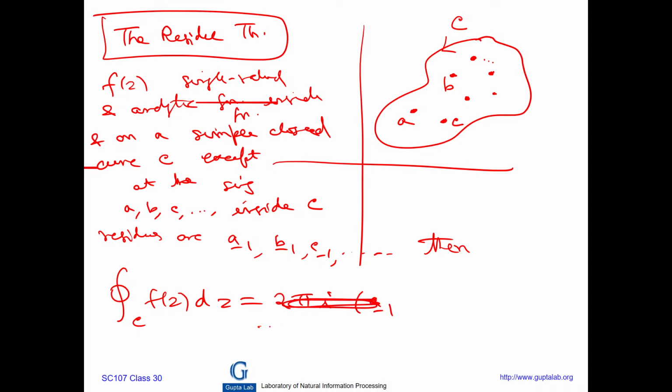So this is 2 pi i (a minus 1 plus b minus 1 plus c minus 1 dot dot dot). This is the Cauchy residue theorem.